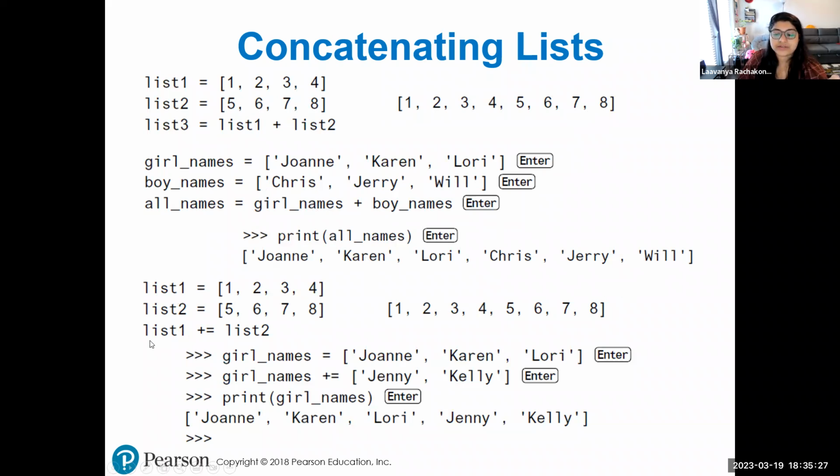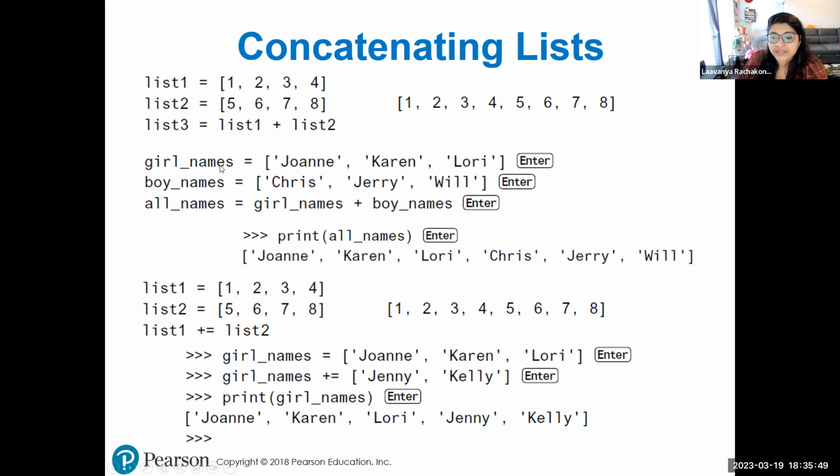You can also extend the existing contents of your list1 by using the augmented assignment operator: list1 += list2. Now list1 after this operation is 1, 2, 3, 4, 5, 6, 7, 8. Here is a new demonstration.